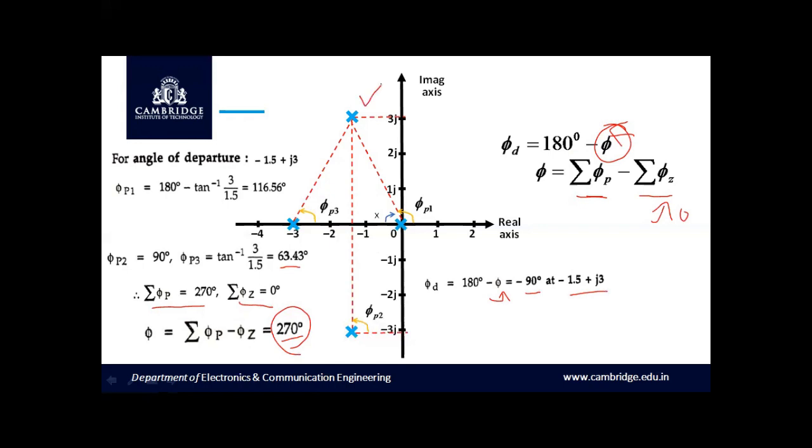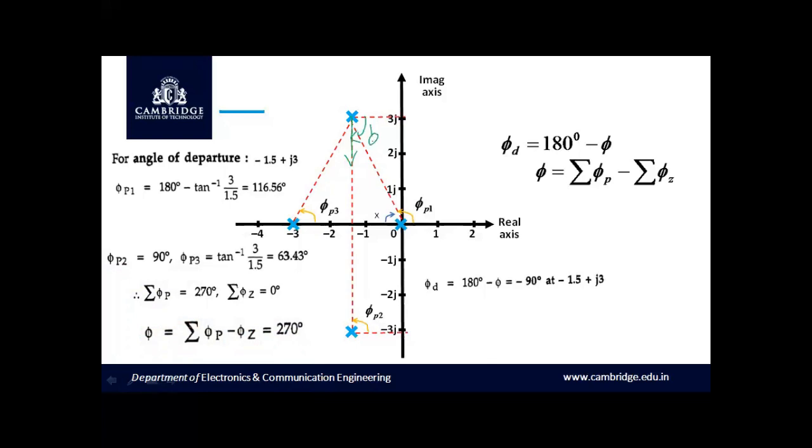This is subjected to the complex pole at minus 1.5 plus 3j. Now it is very clear that the angle of departure for this pole is exactly minus 90 degree. This angle is 0 degree, this is 90, this is 270. If you move in the anti-clockwise direction, or if you move in the clockwise direction, we get 0 degree minus 90 degree. Hence minus 90 degree can be located exactly at this angle.